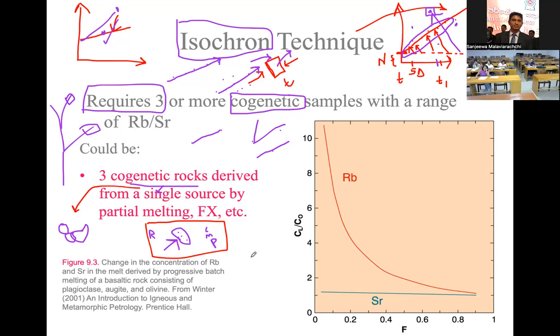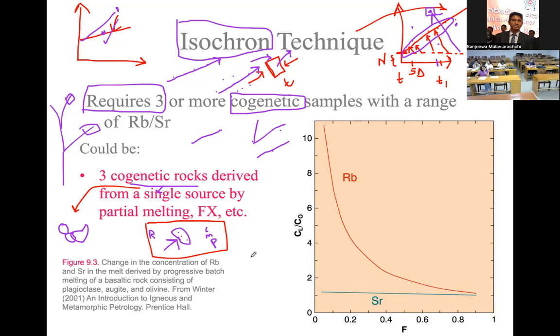Otherwise, your isochron, your straight line, will not be correct. Because we have based this on a big assumption that they derive from a single source, or cogenetic. The samples are cogenetic, and they have not exchanged anything with the system in between, right?